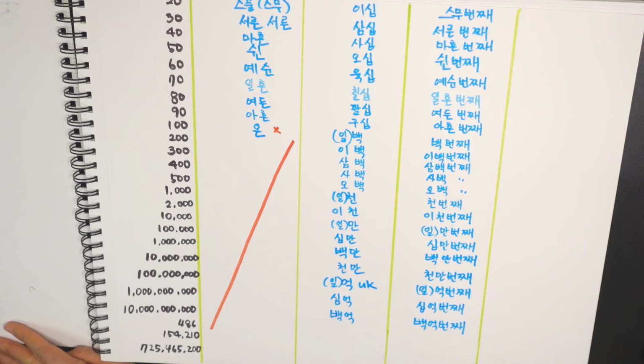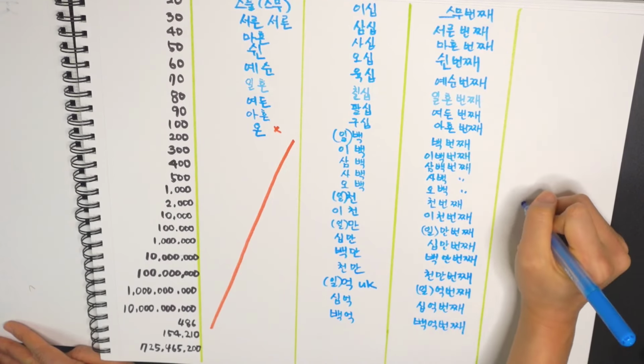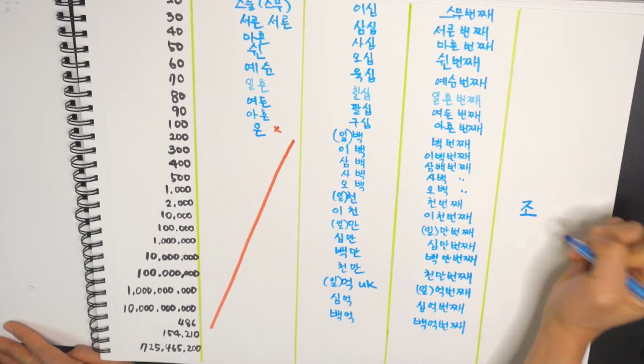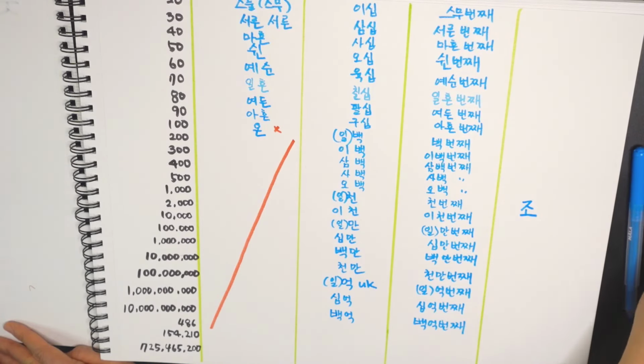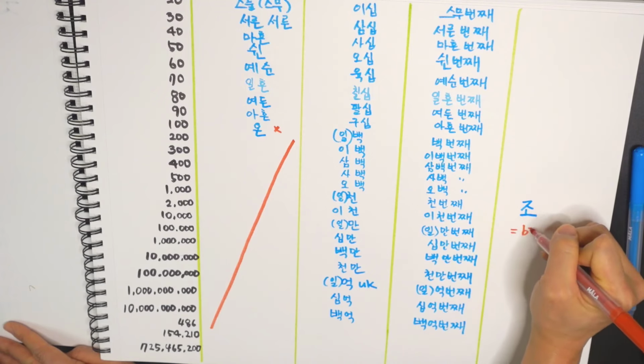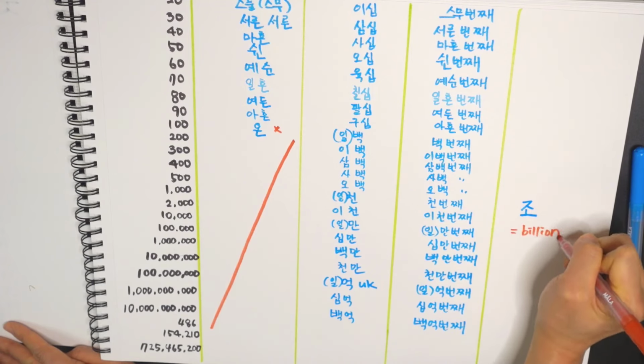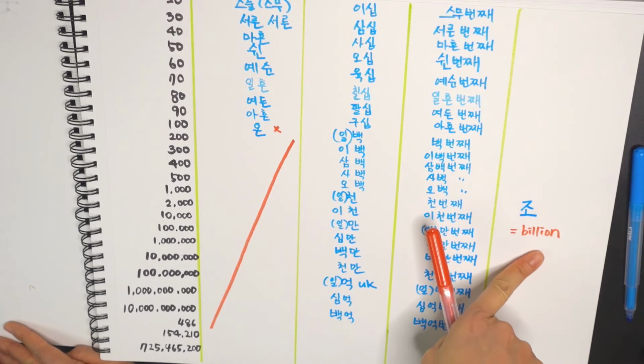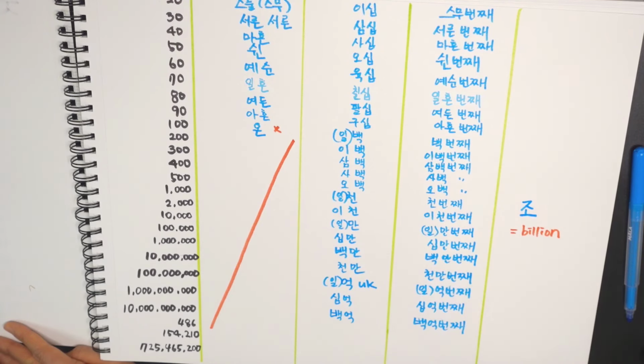Okay? And another number that is very important is 조. 조 is billion in English. Okay? So we say billionaire, right?